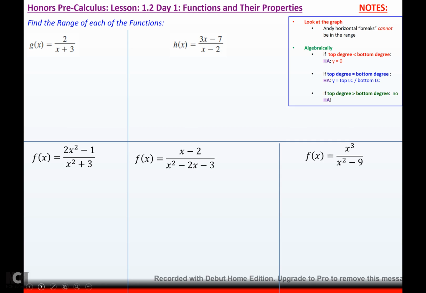Alright, so it says find the range of each of these functions. If I look at the graph, so I type in 2 divided by parentheses x plus 3, I get this picture. Well, it looks like this thing is getting close to 0 on both sides. And watch, I can tell. My top degree is 0 because there's no x. My bottom degree is 1.